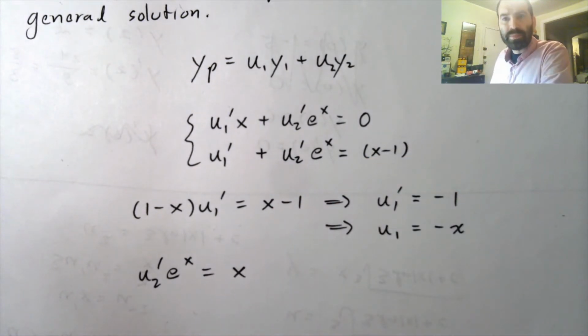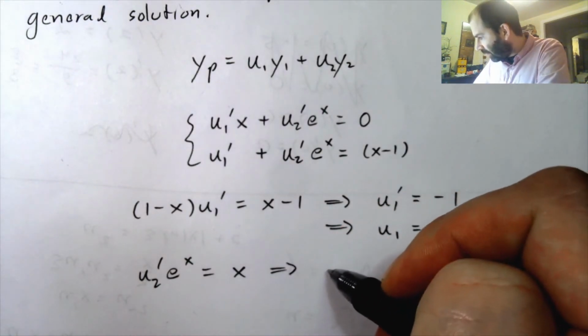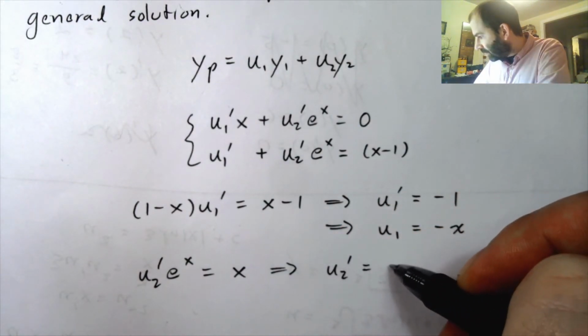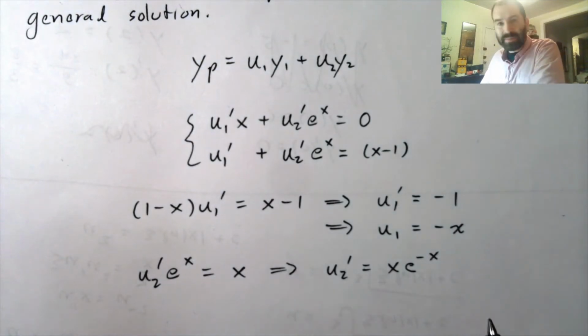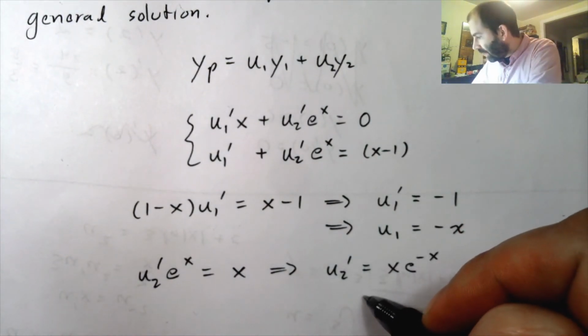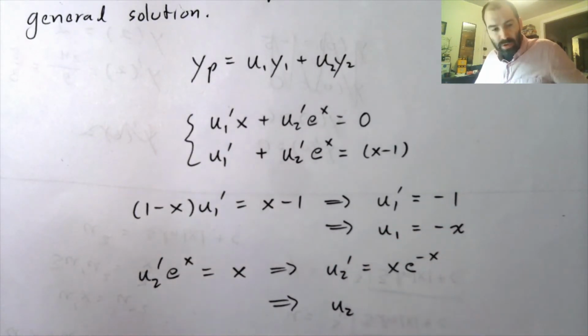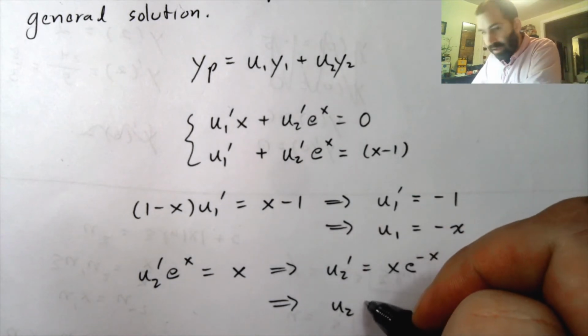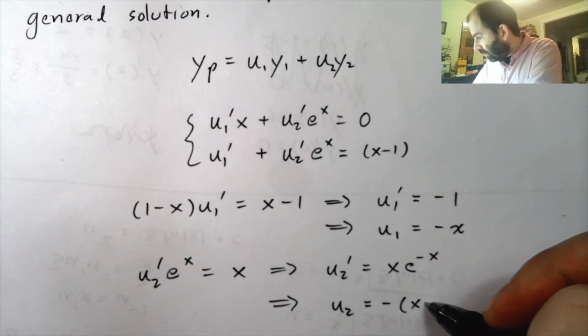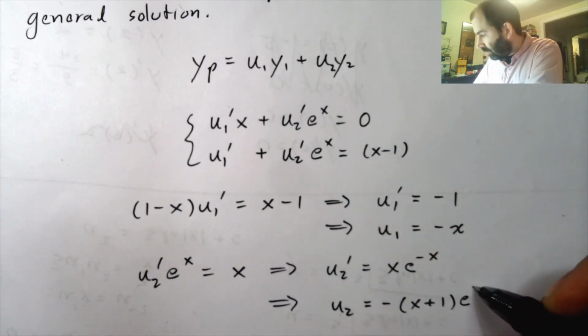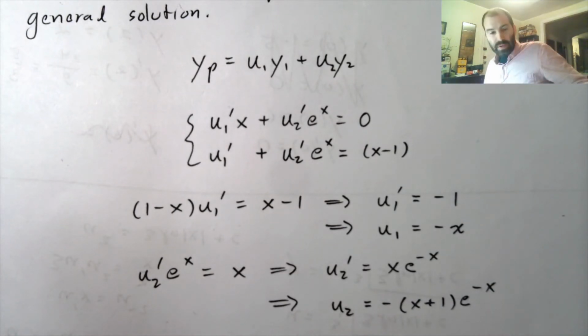Okay, that means that u2 prime is just x e to the minus x. And when you take the antiderivative, you get this. So great, we got u1 and we got u2.